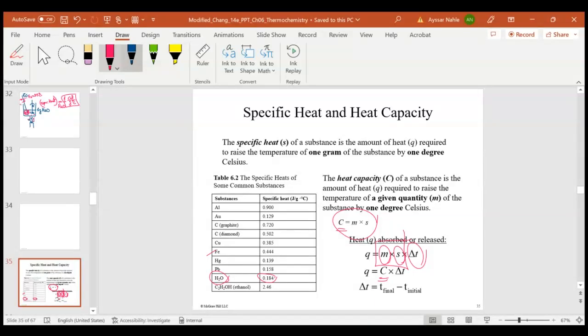Remember this? That means Q will be equal to heat capacity times delta T, where delta T is the final temperature minus the initial temperature. That's the delta T, okay? Final minus initial temperature.